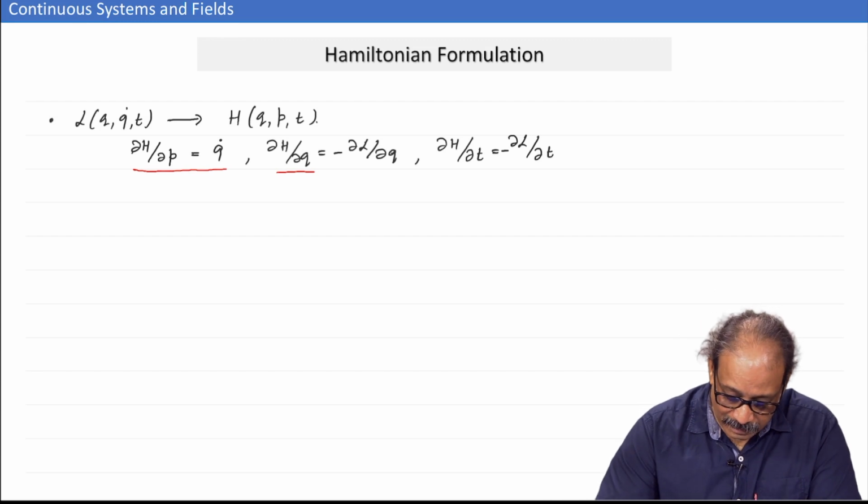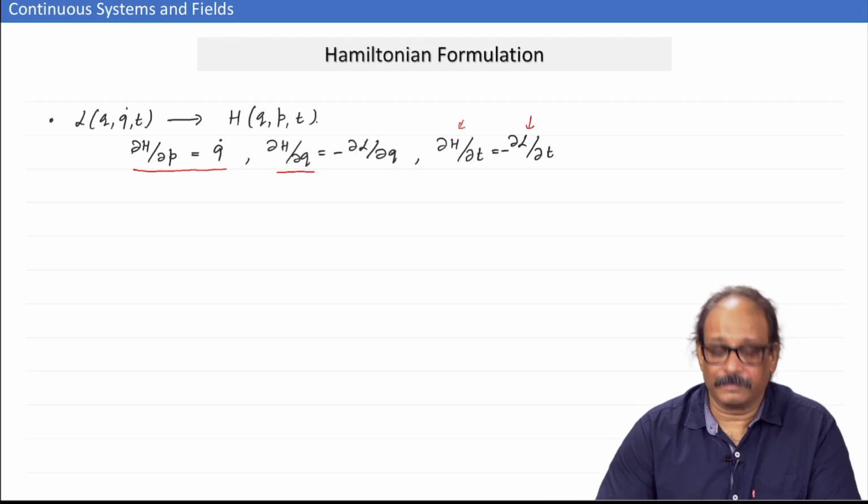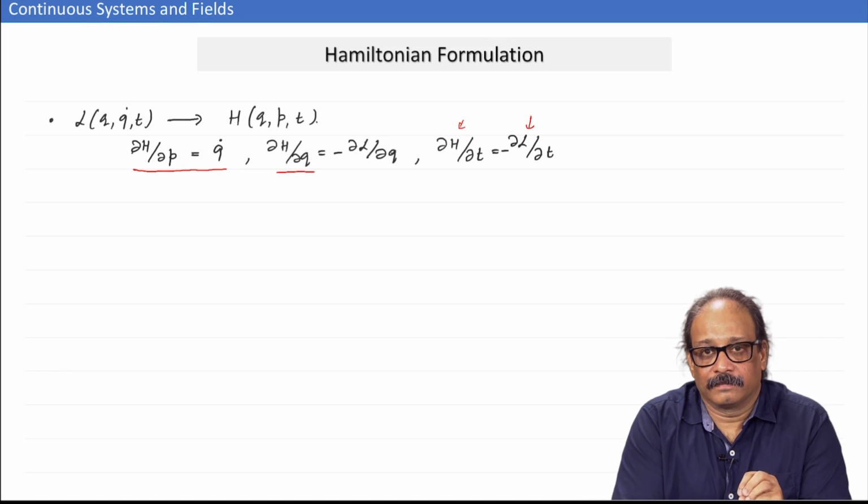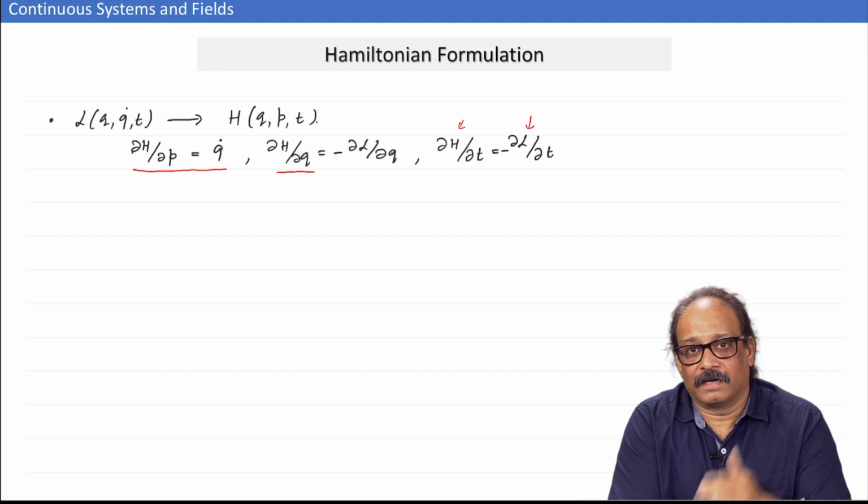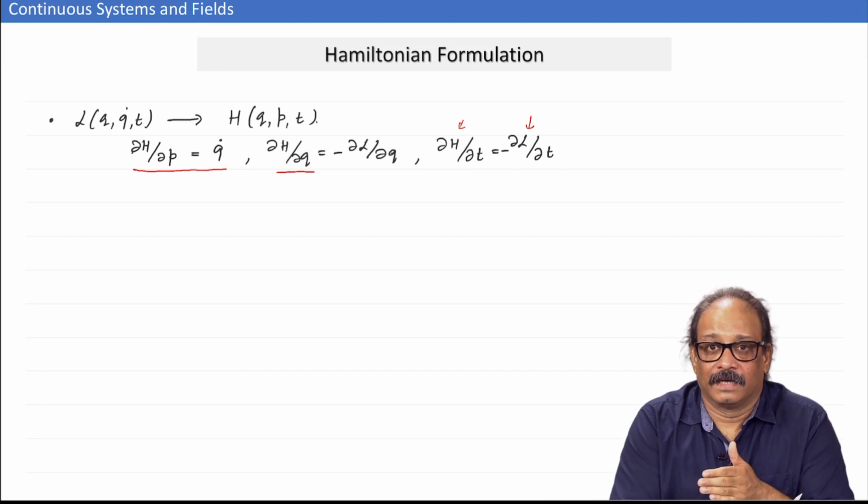So, remember, H and L, all these quantities which I am writing here, are the total Hamiltonian and total Lagrangian, and we want to see if I can derive similar equations for the Hamiltonian density.